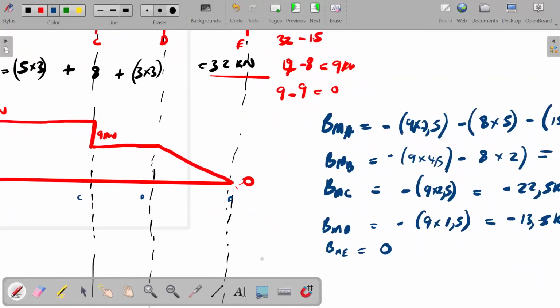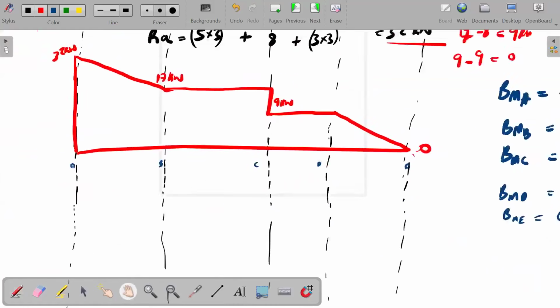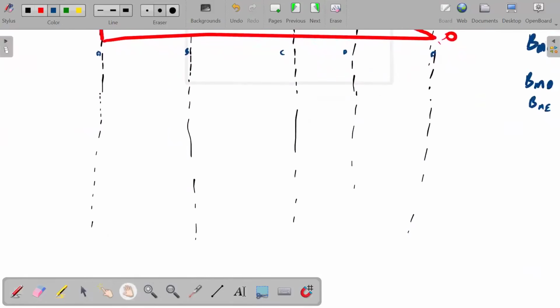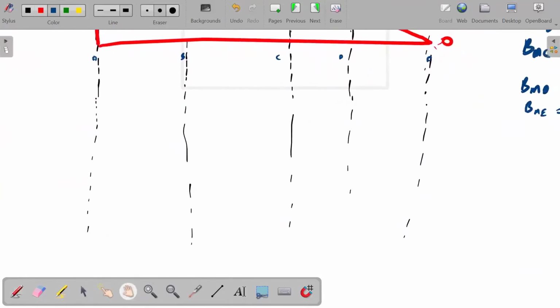Now we want to literally use them to draw the bending moment diagram. So with that in mind, it means just drawing it, remembering this is a cantilever beam. Starting first with our axis, there we are.